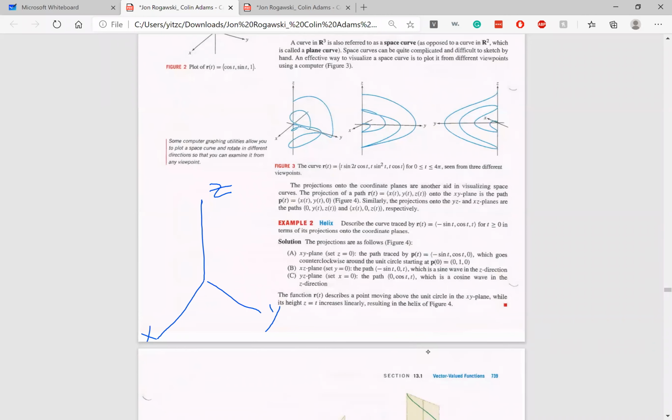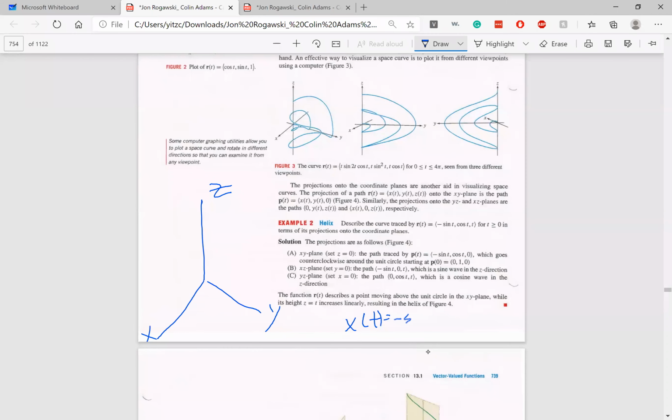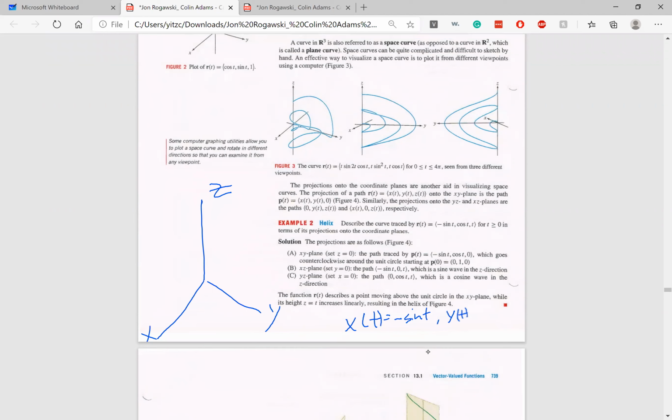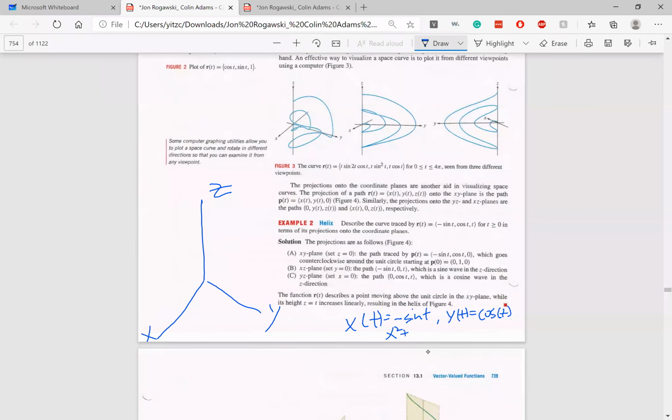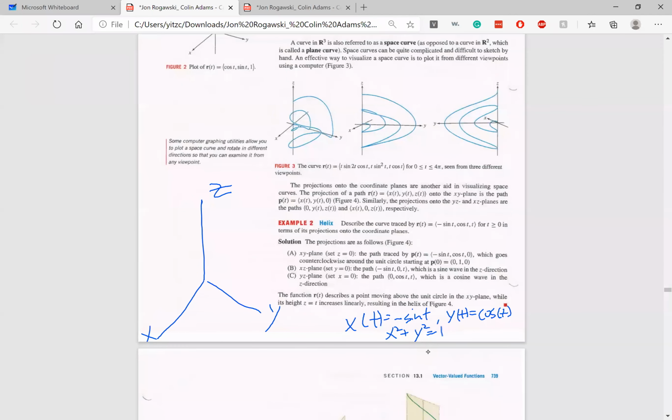And doing the same thing that we did before, we now have that x of t is equal to negative sine of t, and y of t is equal to cosine of t. So again, x squared plus y squared is going to be equal to 1. So we're dealing with a unit circle.